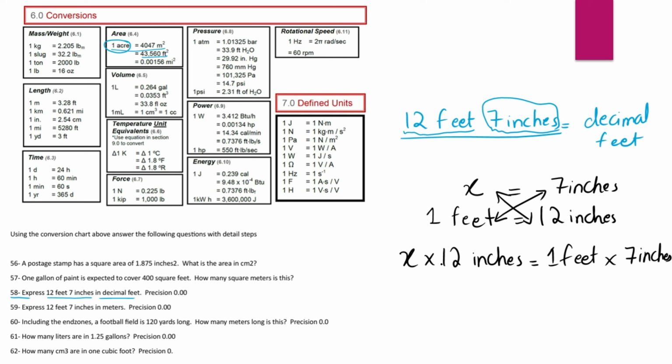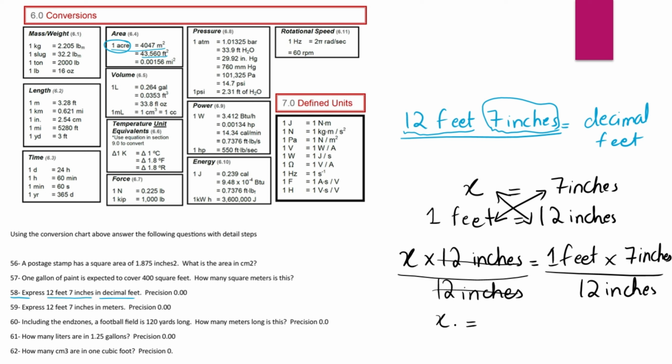Simple. Now on the left hand side we need to find x, so we divide by 12 inches. Both sides by 12 inches, because if you divide one side by 12 inches, you need to divide the other side by 12 inches as well. This is the math rule. So we cancel 12 inches on both sides, and on the left hand side we are left with x.